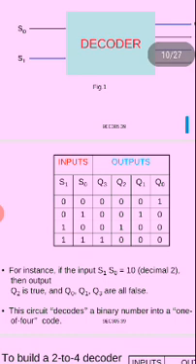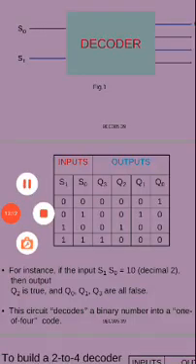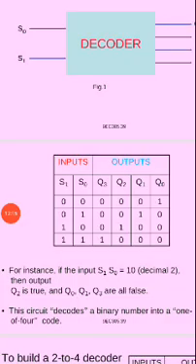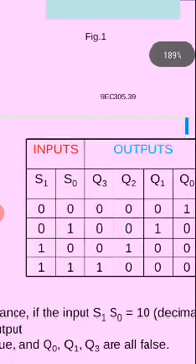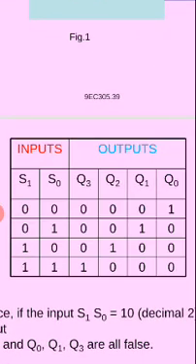Here, truth table of 2 to 4 decoder. Inputs S1, S0. Outputs Q3, Q2, Q1, Q0.